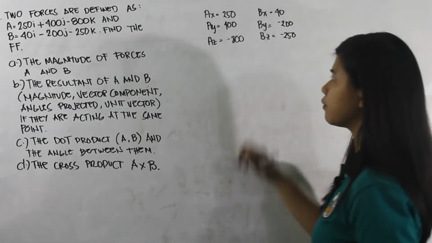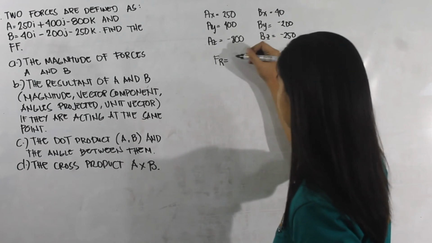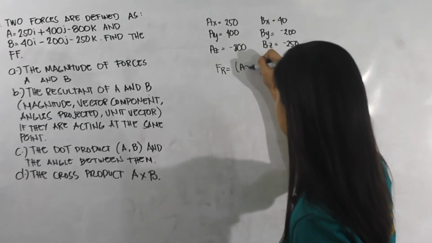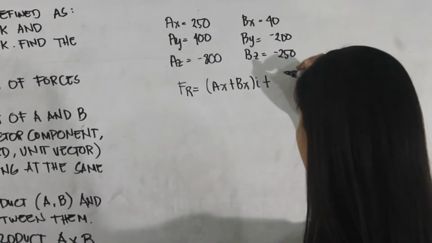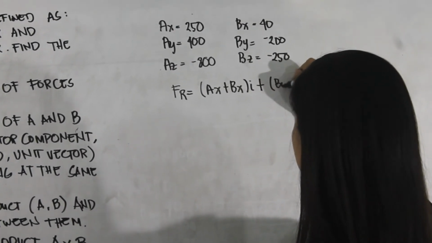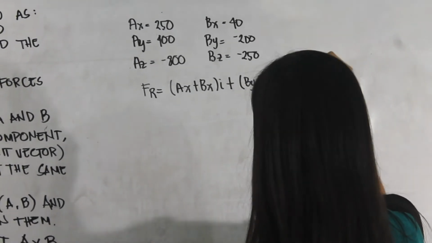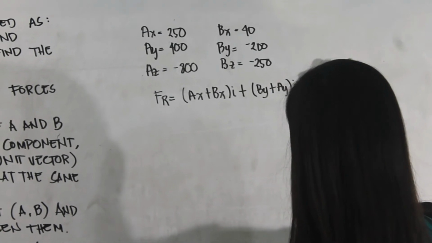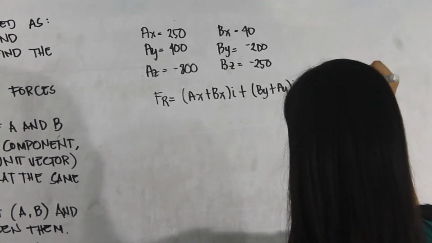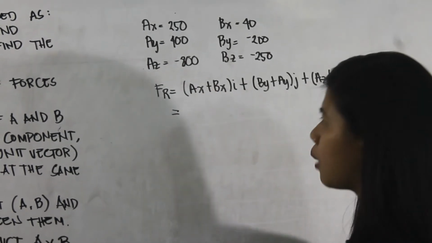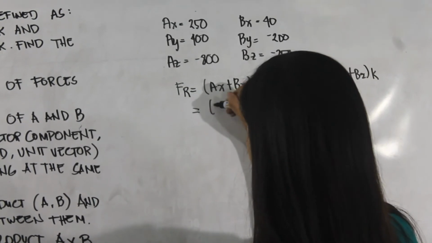For getting the resultant, we have this formula of FR. It's just simply the AX plus BX I plus AY plus BY J plus AZ plus BZ K. Just simply substitute the given to the equation.